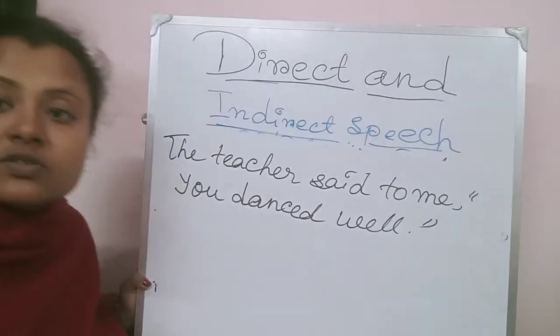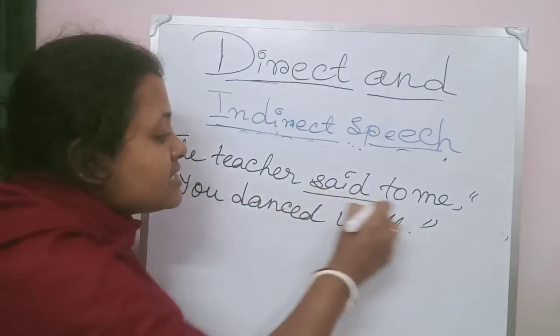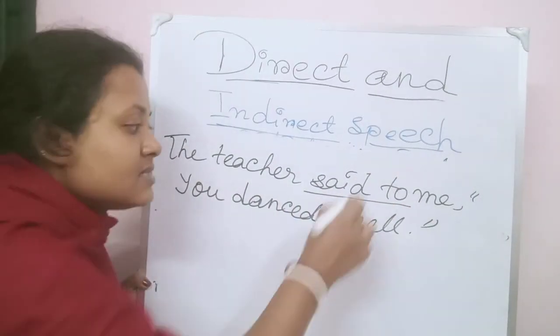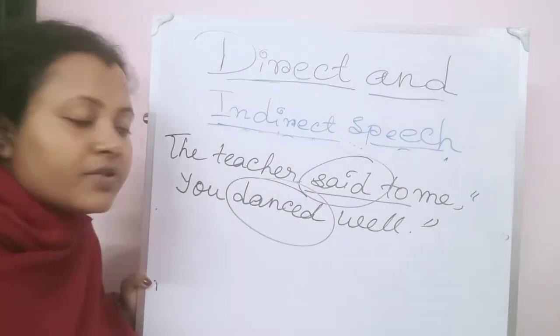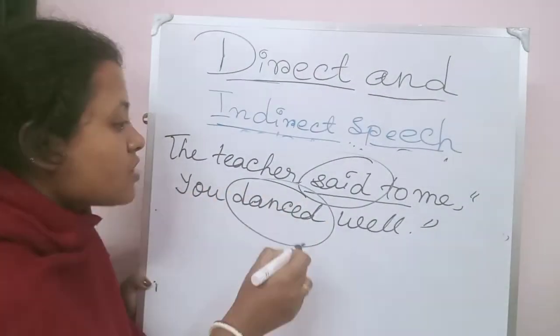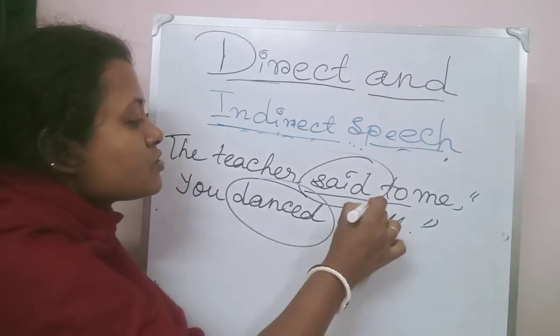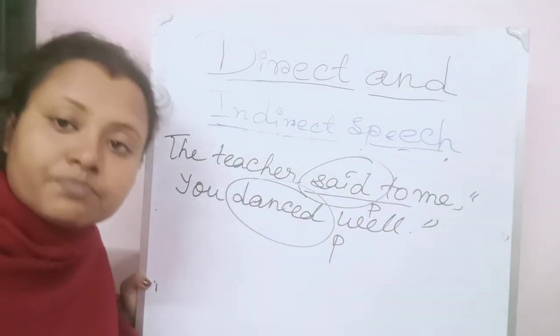So look at the sentence over here, students. Here, "said to me," the reporting verb is in past tense. "Danced," within the inverted comma, is also past tense. So both are written in simple past tense.